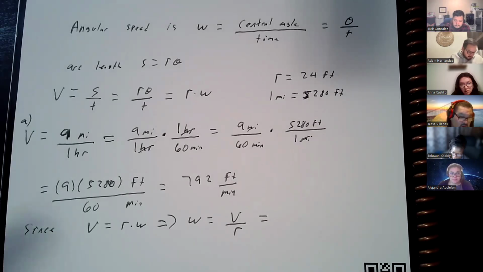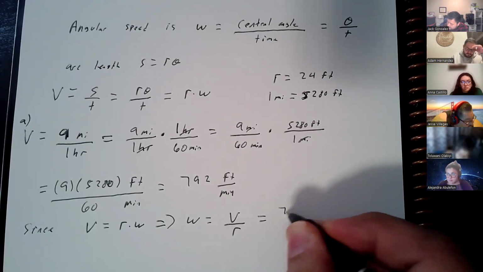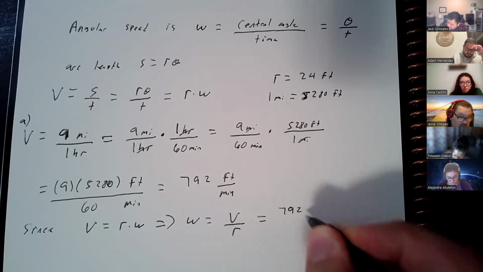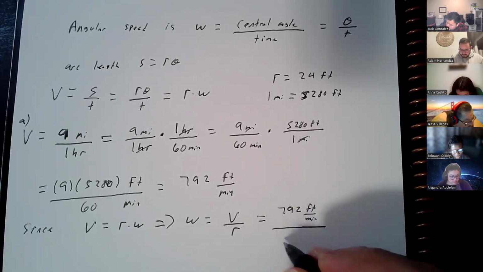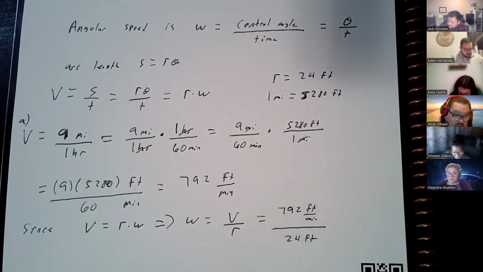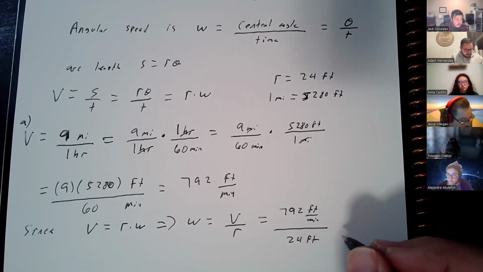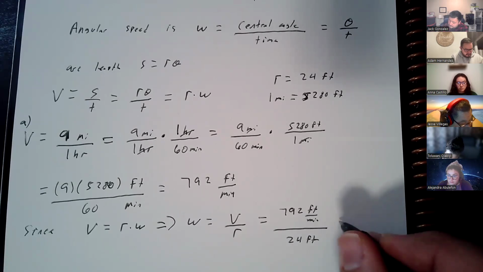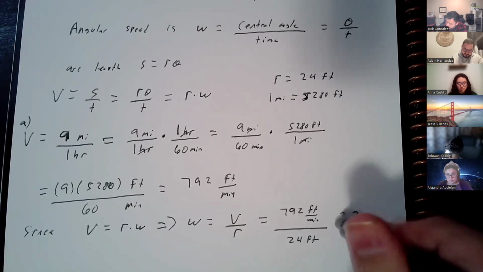Like, okay, whatever. So here we are with 792 feet per minute divided by 24 feet. So plug it all in and we're good. The feet will cancel and we'll get some number. I think it's 33.